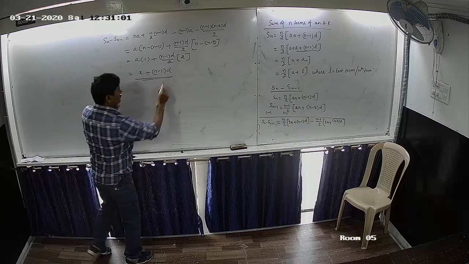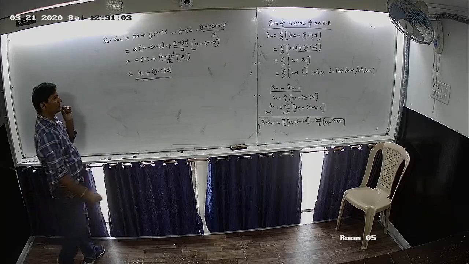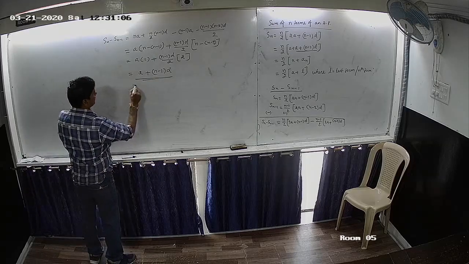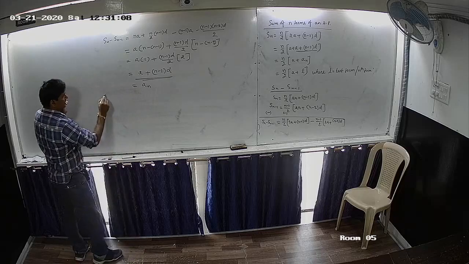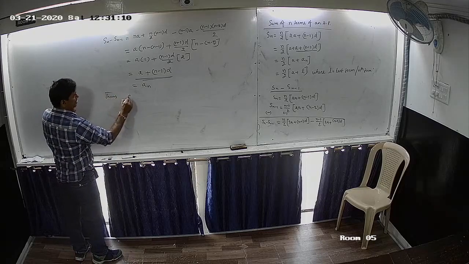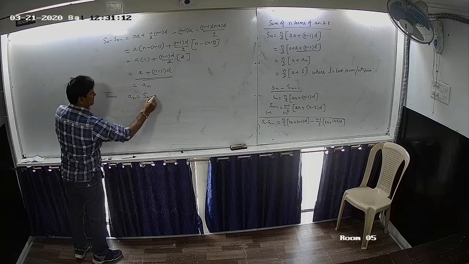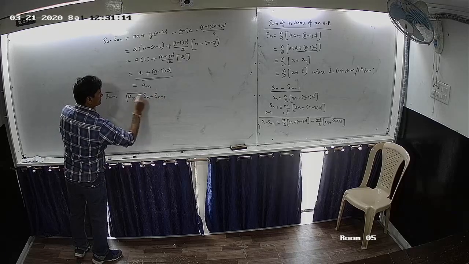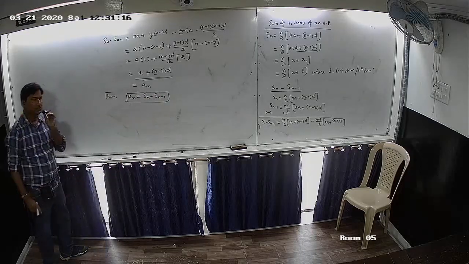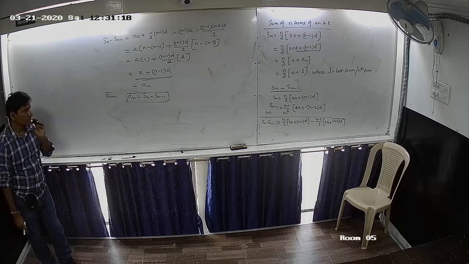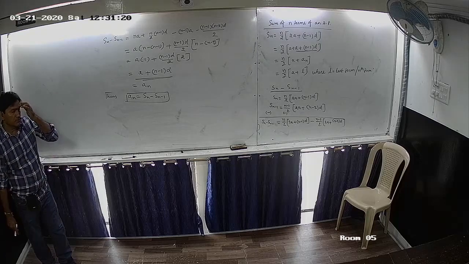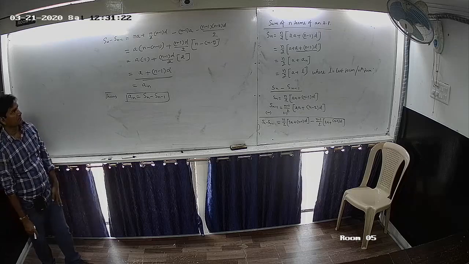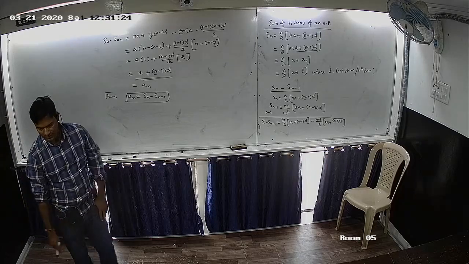Now we know a plus n minus 1 into d is an. So that is equal to an. Thus an is equal to Sn minus Sn minus 1. So the nth term of an AP is equal to the difference of the sum of n terms and the sum of n minus 1 terms.